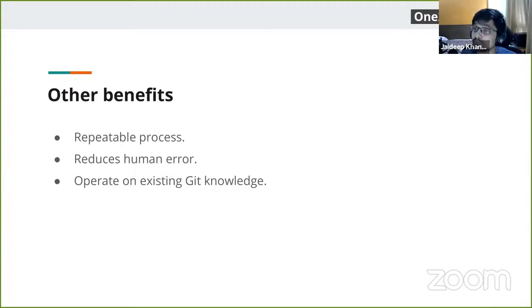The chances of human error reduce drastically, because all the runtime configuration is part of your Git repository. And of course, third is operating on existing Git knowledge. Be it developers, DevOps practitioners, or SREs, they are using Git underneath. And operating on Git makes life much easier and simpler, right?